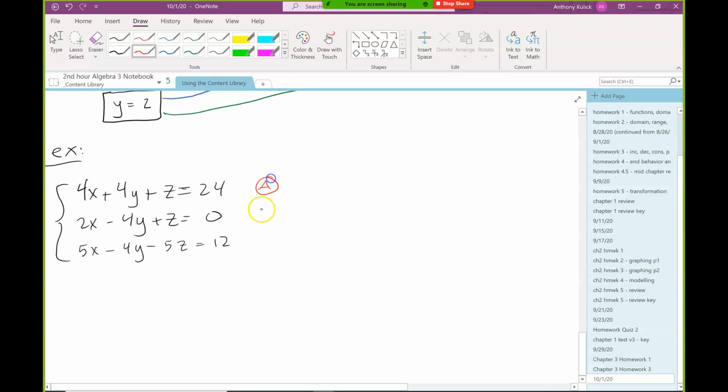We'll call this equation A, B, and C. I just ran out of space on the left, so I put the letters on the right. I hope nobody's freaked out by that.